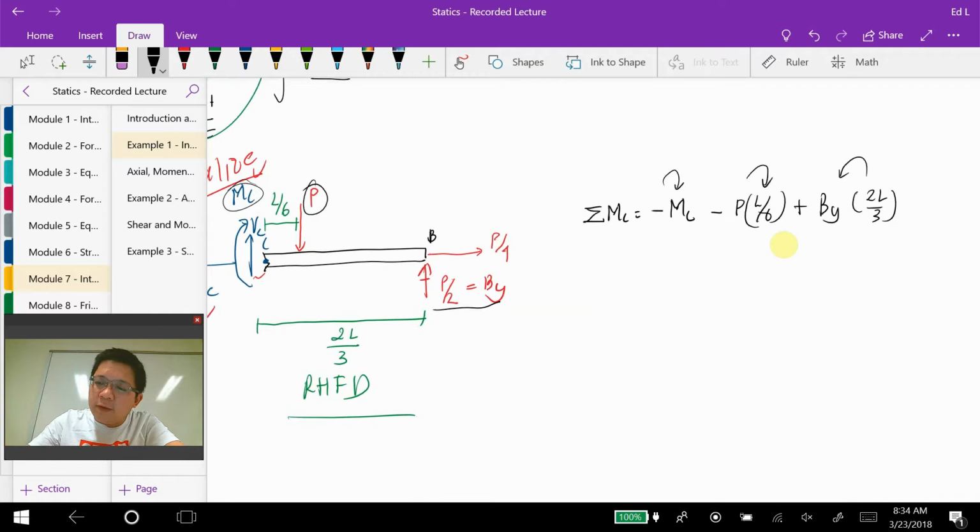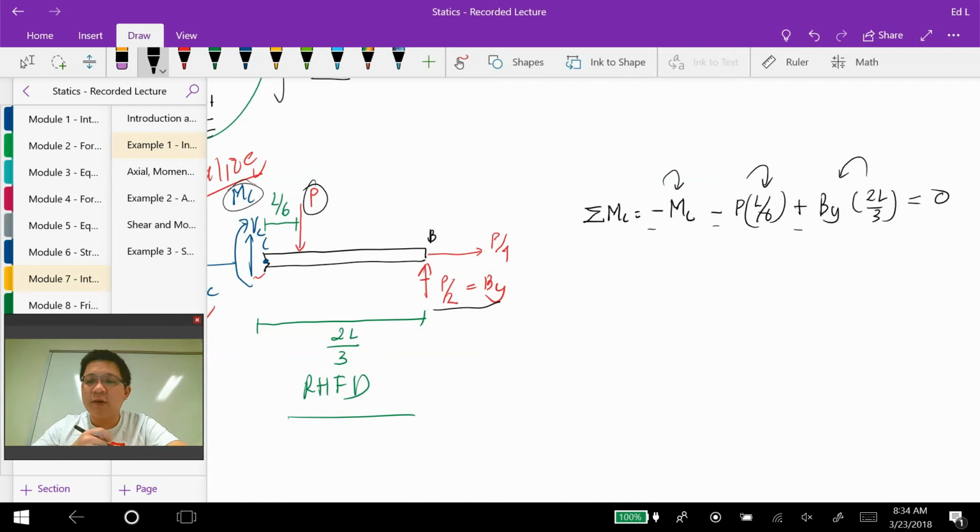Please keep in mind that when we write these equations, the positive and negative sign that we include is based on whether the moment produced by that force is clockwise or counterclockwise. So it's different from the sign convention that we discussed in the previous lecture for the internal forces. Please make sure you differentiate those two sign conventions.